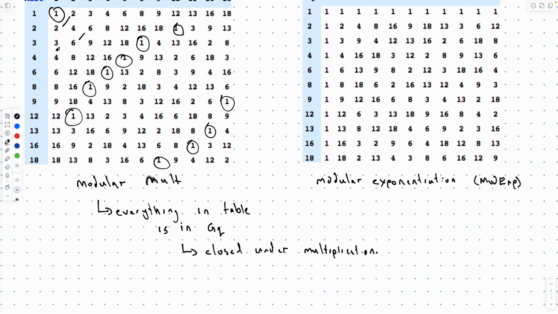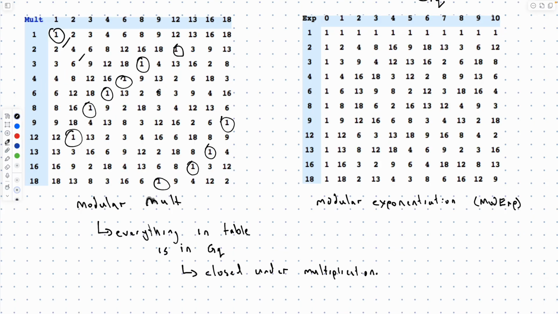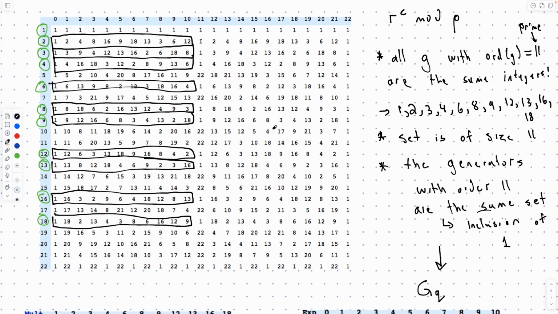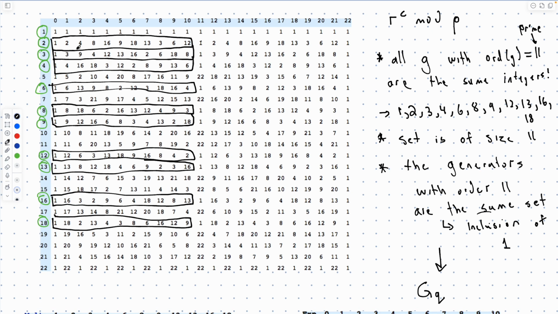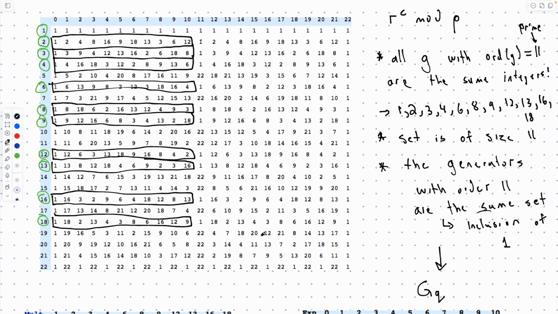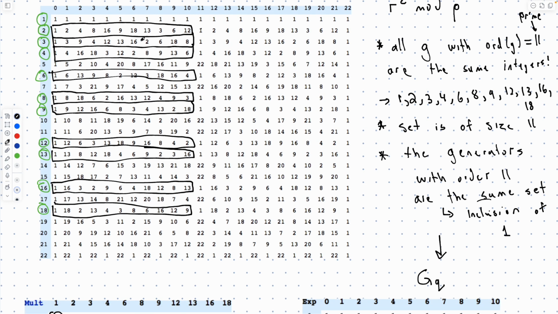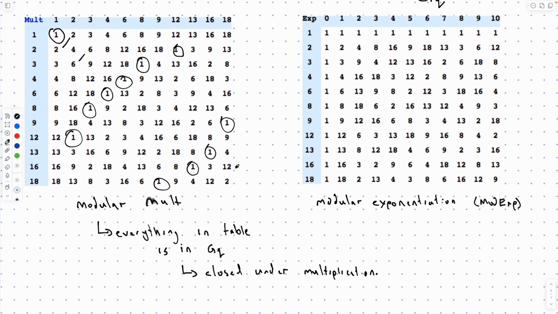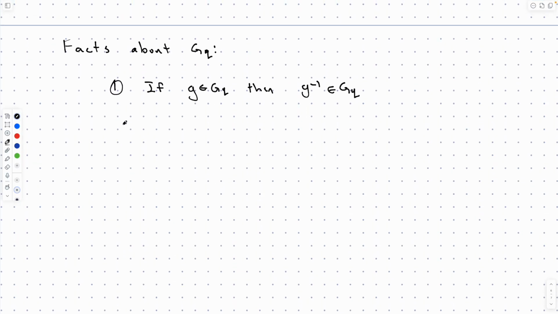So every element has a 1 somewhere in its row, and that's its inverse. Remember I deleted a bunch of this table here, so we already knew that everything here had an inverse, but now we know that it's also within the smaller table itself. We never have to leave this table to find the inverse of something.